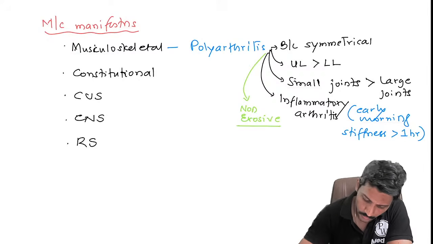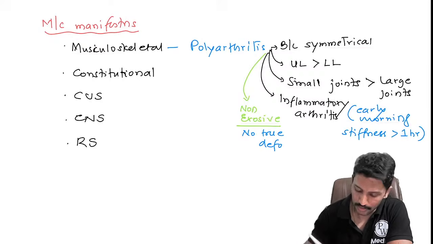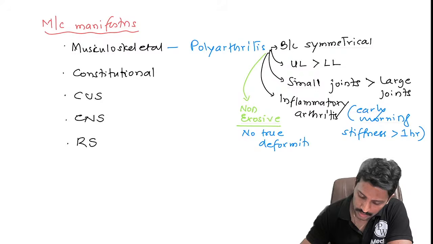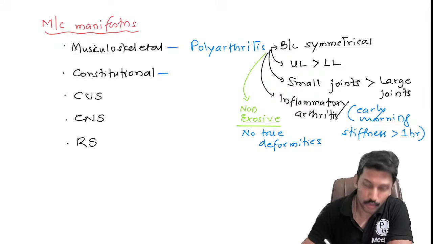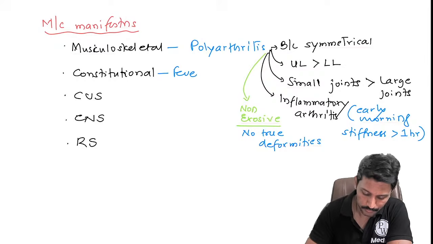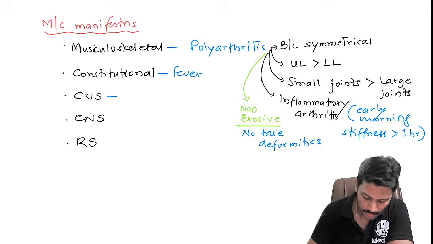That means there will be no true deformities, while in rheumatoid arthritis you get Z deformity, swan neck deformity. So you don't have those deformities here in SLE. The most common constitutional symptom is going to be fever. The most common cardiovascular manifestation is going to be pericarditis.